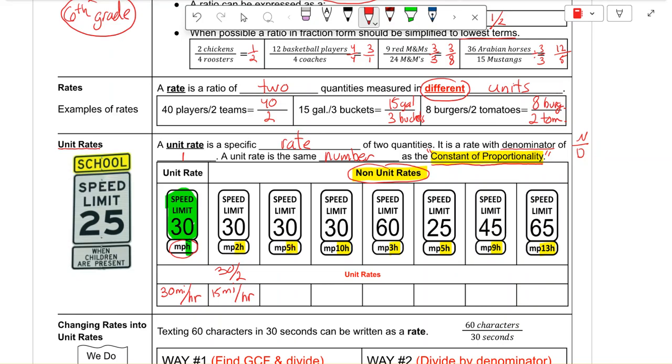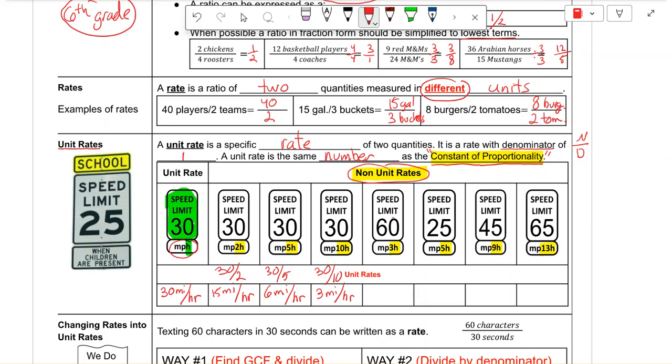This next one is 30 divided by 5, and 30 divided by 5 is 6 miles per hour. Much slower than the 30 miles per 2 hours. This next one's even slower. It's 30 miles per 10 hours. So 30 divided by 10 is 3 miles per hour.